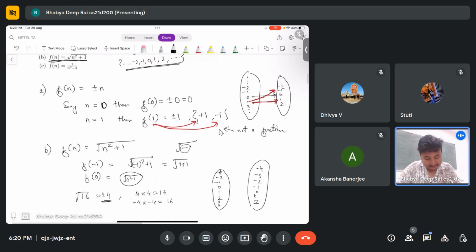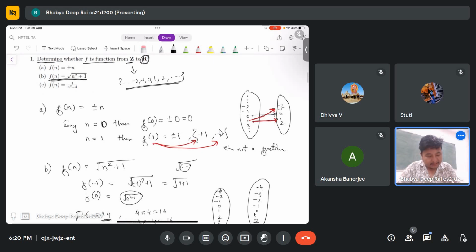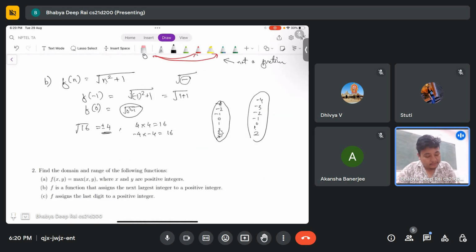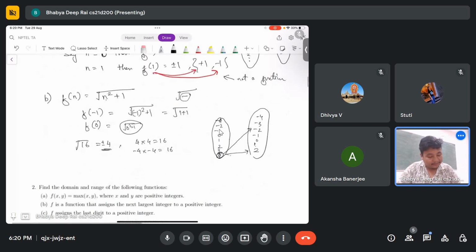If I choose 4 from here and try to map this, 4 will map both to -2 and to 2. Or actually it's n square plus 1. No, we can't even go with 4 actually. It needs to be some square root plus 1. So a direct example cannot be given, right?